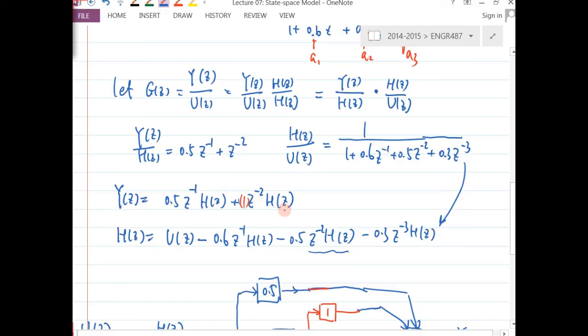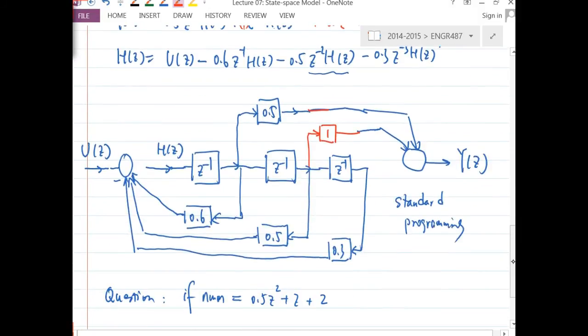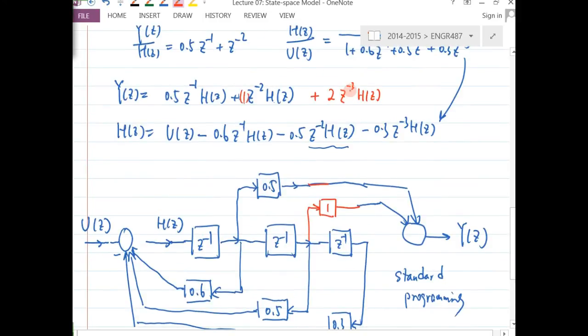So the change here is actually going to be plus 2 times, which means we should add a block of 2 times z to the power -3 h of z.